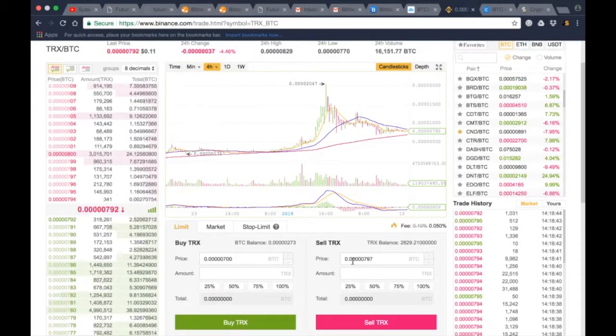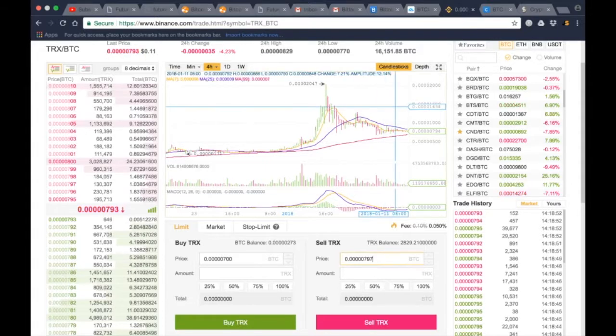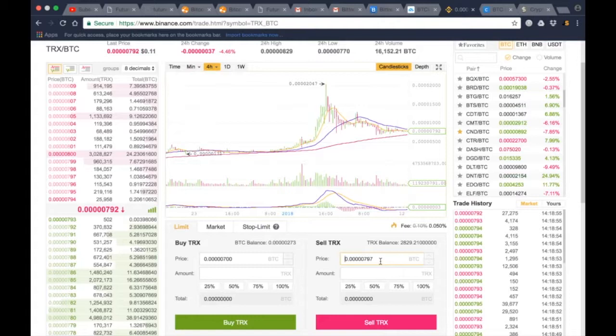So it is the exact same thing. Let's say you bought in at 700 and you want to sell at, let's say, 1500. Okay. So you're going to want to change this to 1500, and that's if it does reach this price.